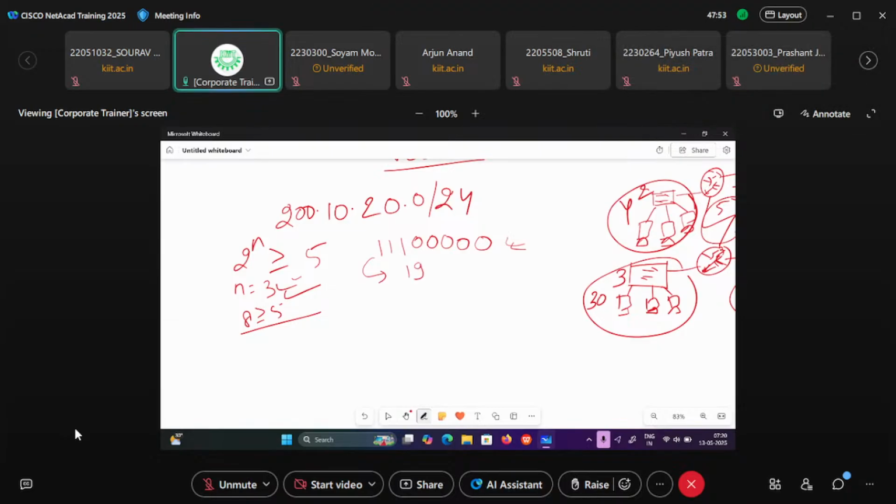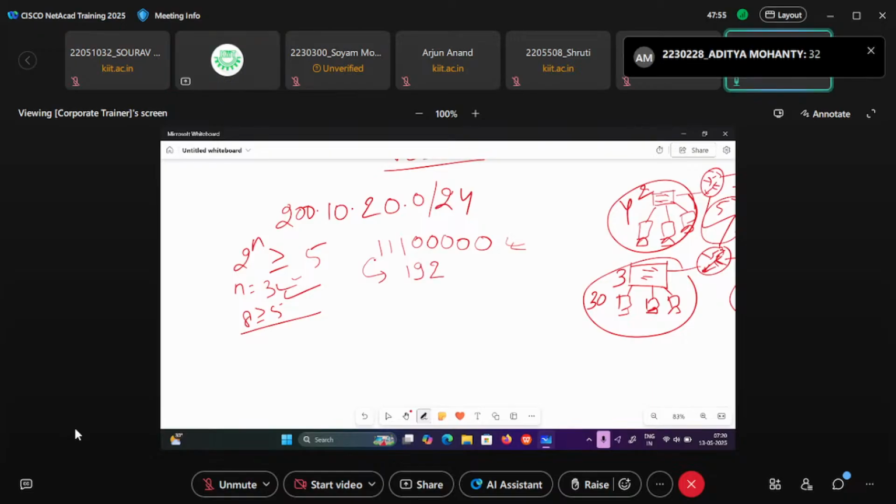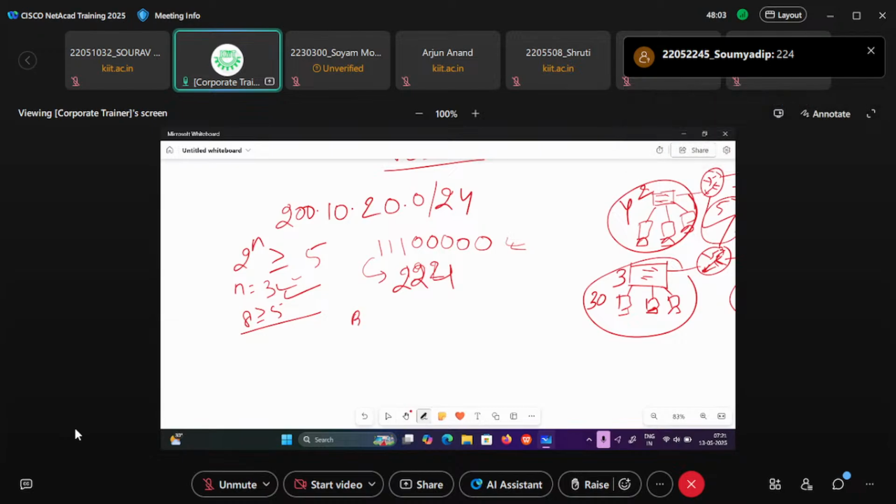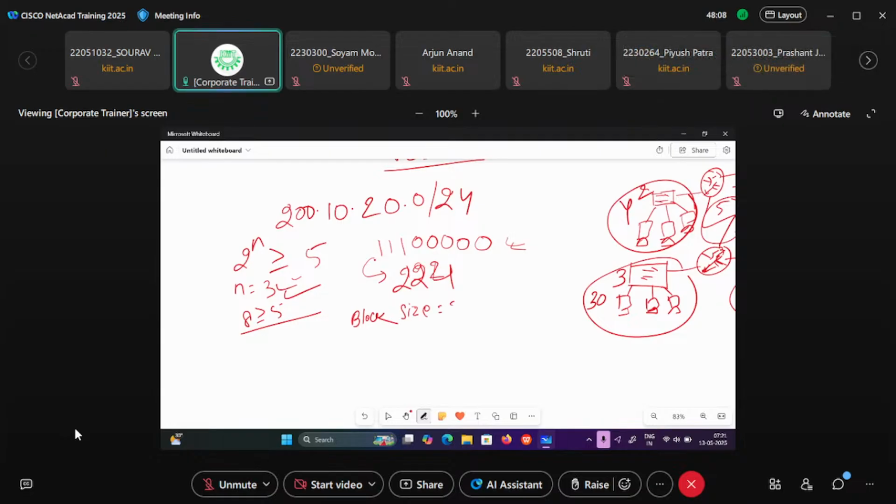No, sir, 224. Okay, 224. So you have to calculate the block size. The block size formula is 256 minus 224, so you'll get the value 32, right?